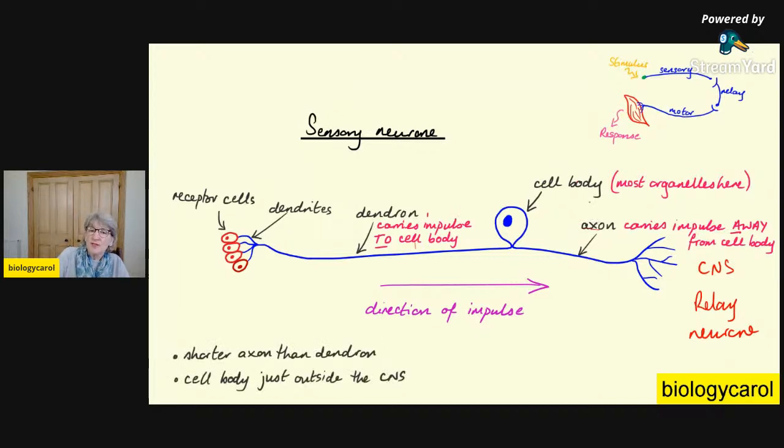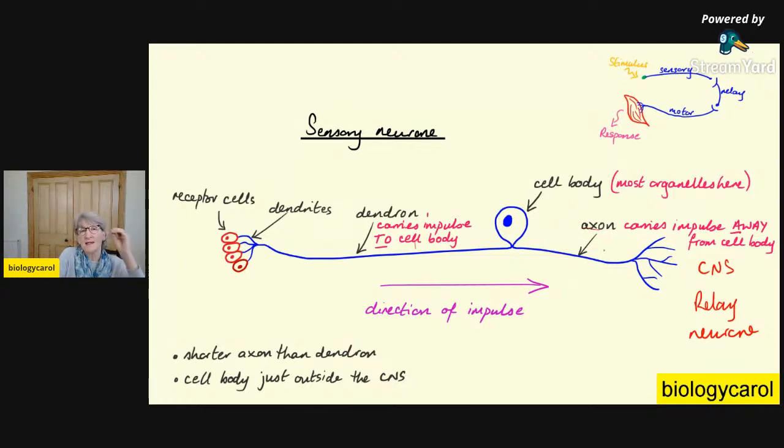So, worth noting that the cell body is just on the outside of the central nervous system. So if this is going from my eye to the brain, the cell body is kind of just on the outside of the brain. And the axon is what takes the impulse into the brain, into the CNS, and to connect with the relay neurons.